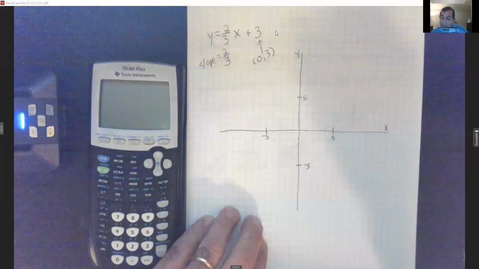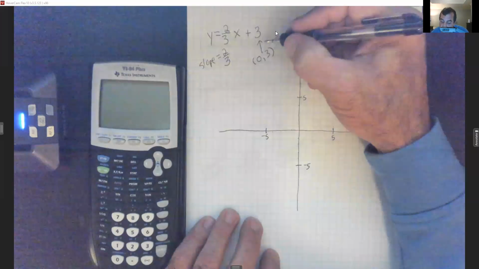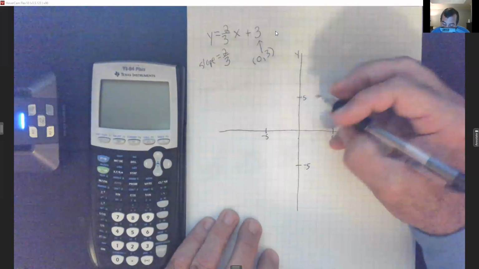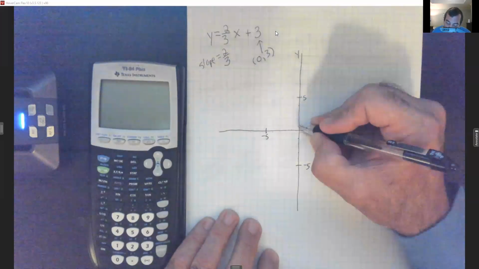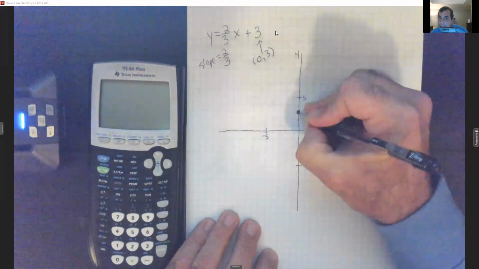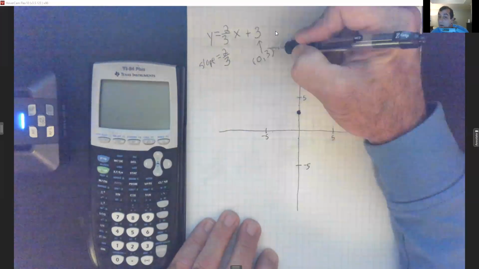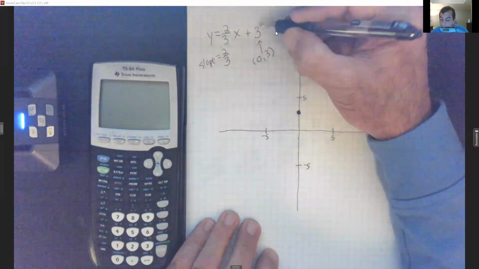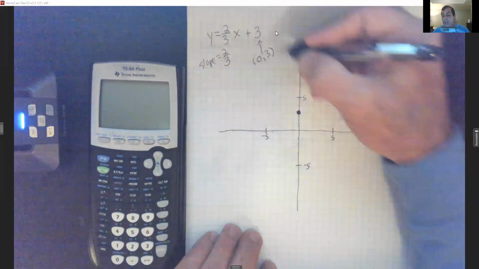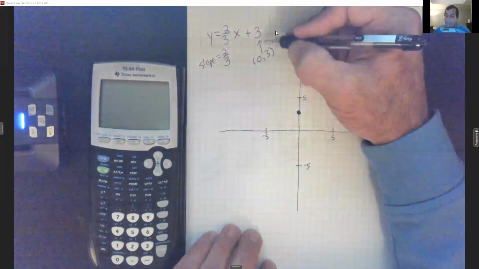This is my initial value, so that's where I start on the y-axis. So we go up 1, up 2, up 3. This is 3 on the y-axis, so that's where we always start. Now, if you don't have a number at the end, you would start at 0. That means your initial value would be 0 if there's no number at the end, okay?